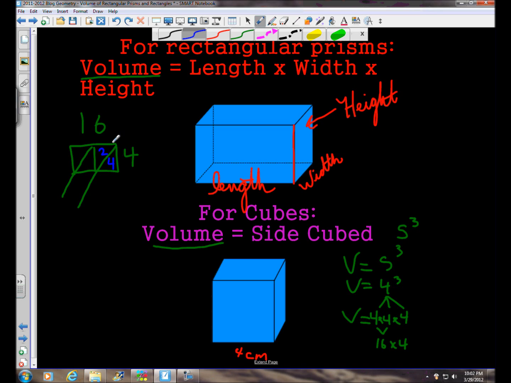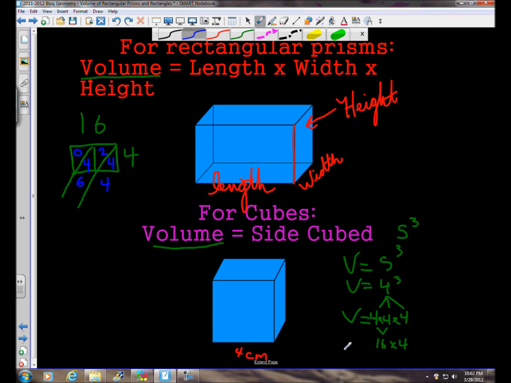Then you do 4 times 1, and that would equal 4 with 0 tens. And now you add up diagonally. That would be 4. 4 plus 2 is 6. If you want more information on how to do this lattice method, you can check out our posts on the 4 methods of multiplying multi-digit numbers. So here we go. We've got 16 times 4 is 64.